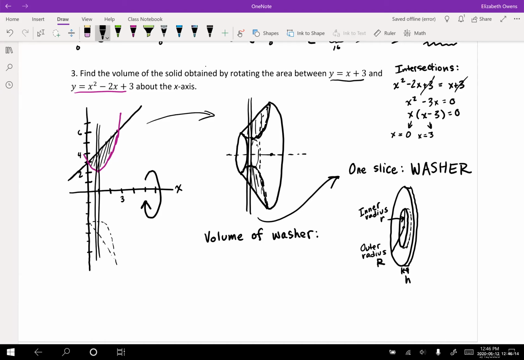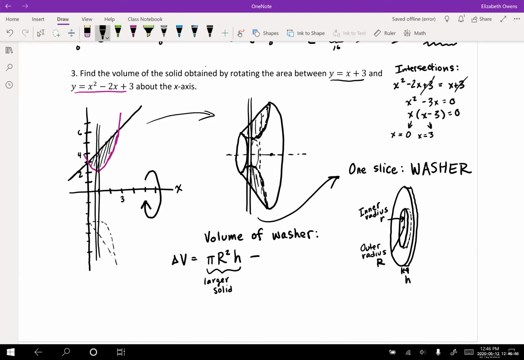So when we do our little change in volume, we can take the volume of the whole bigger outer shape and then subtract out the volume of our hole that we cut out of the middle. So we could take pi big R squared h. That would be the big cylinder outside, the larger solid shape.